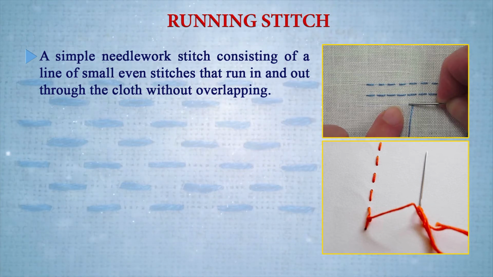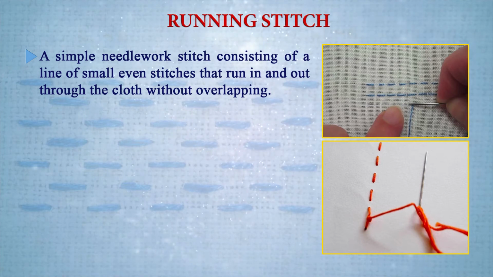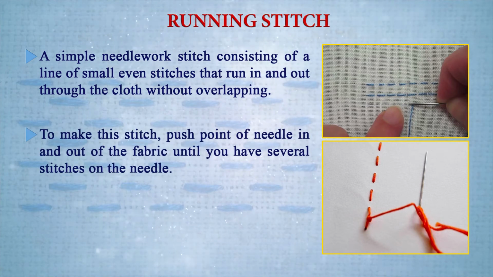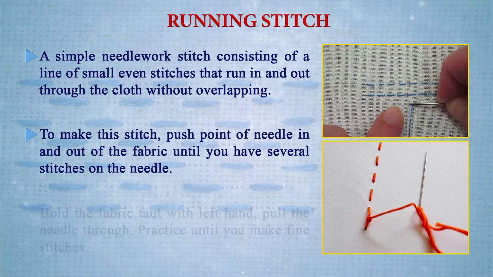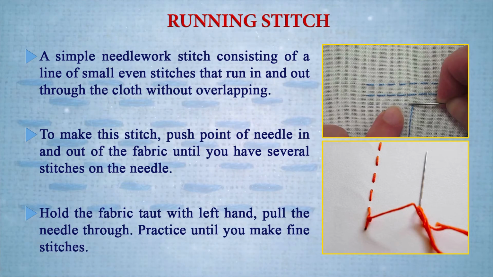We just make simple and even stitches on the fabric and it is said as the running stitch. To make this stitch, push the point of the needle in and out of the fabric until you have several stitches on the needle. Then hold the fabric taut with the left hand and pull the needle through. Until you practice, you can make it as fine stitches.